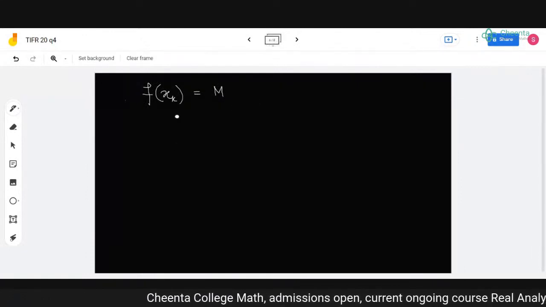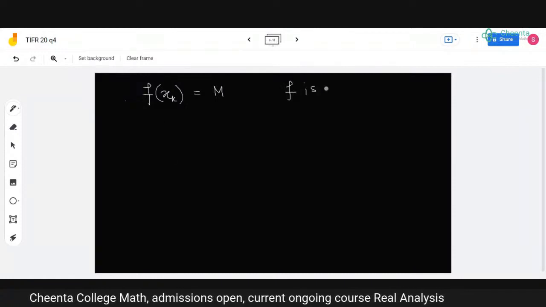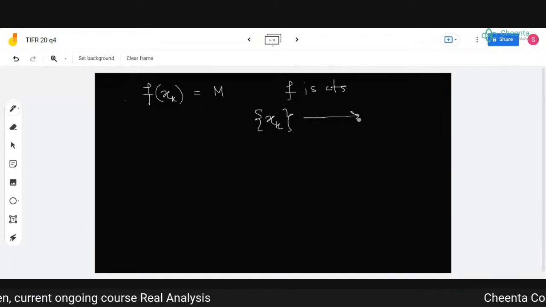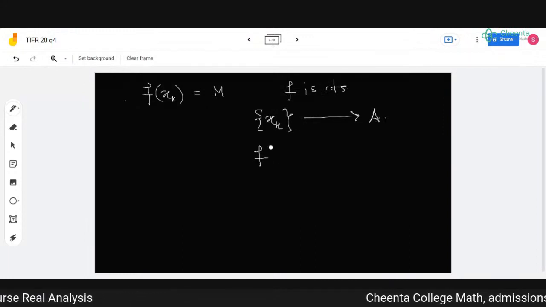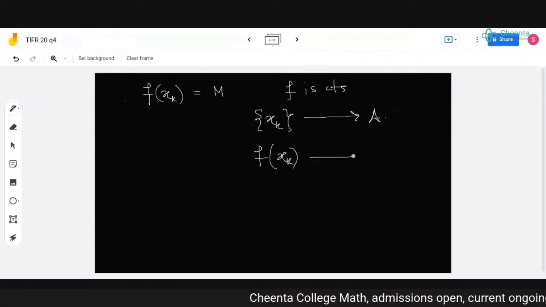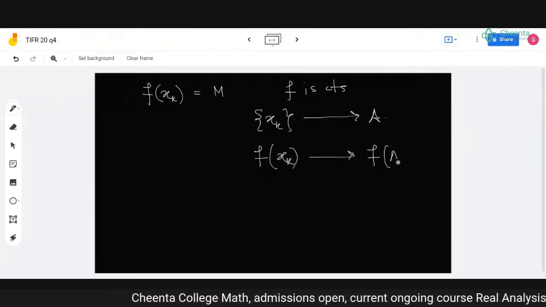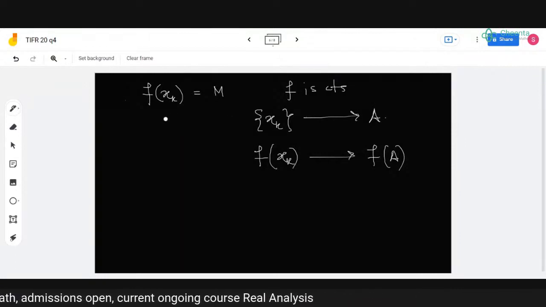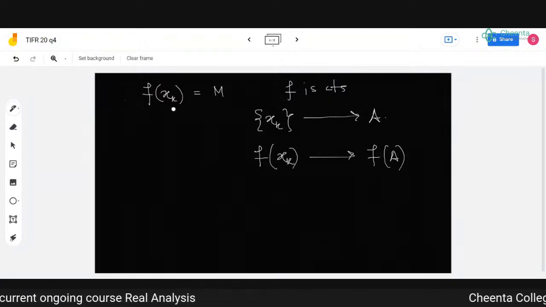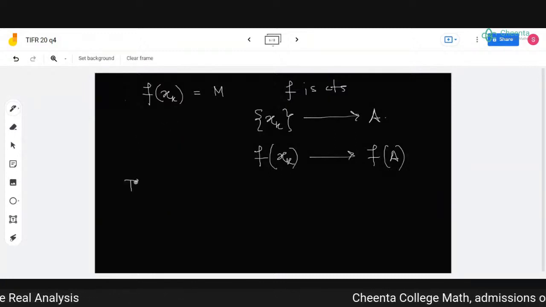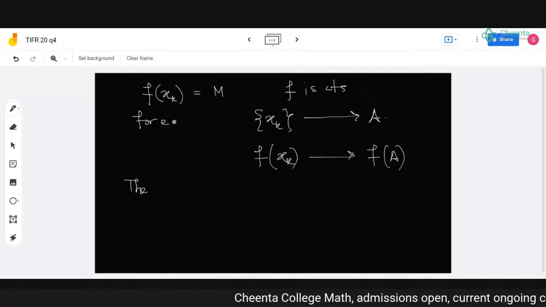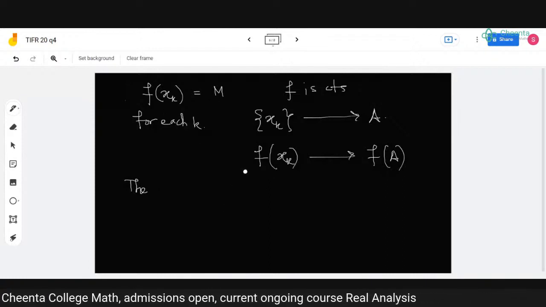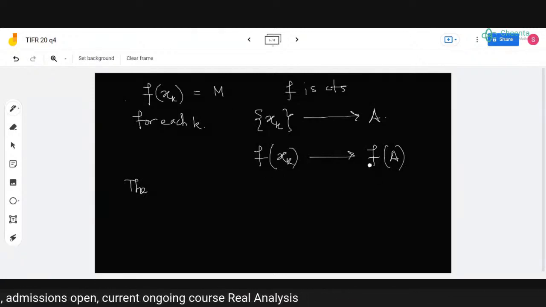Now, since f is continuous, if I have the sequence x_k tending to a, then f(x_k) tends to f(a) because of the continuity property, right? So what does that practically mean?